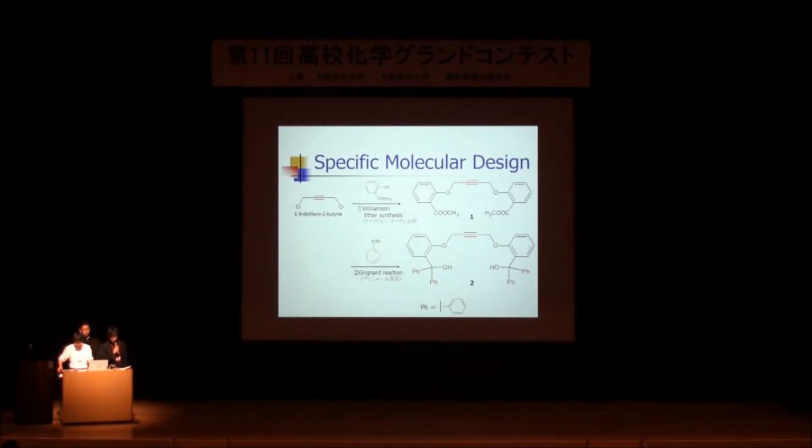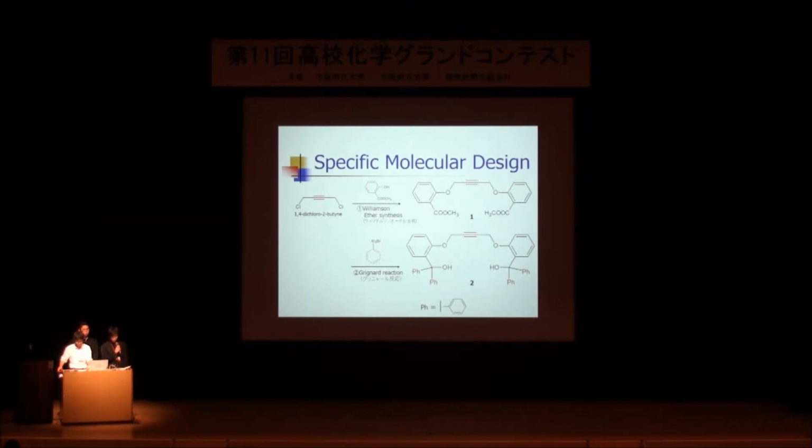This route, composed of 6 steps, was originally developed by us. The raw material is a carbon-carbon triple bond compound as shown here. In the first step, the compound reacts with methyl salicylate to obtain compound 1.